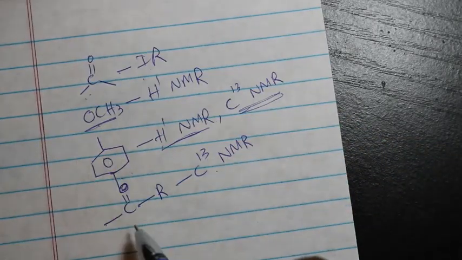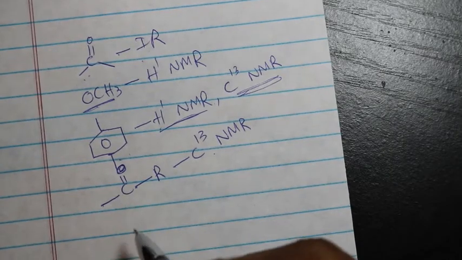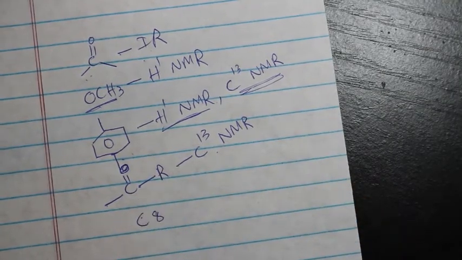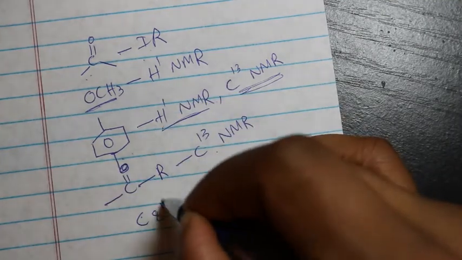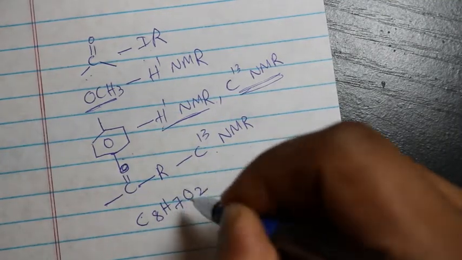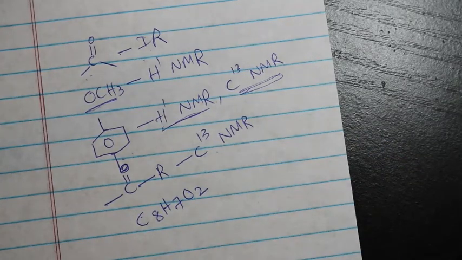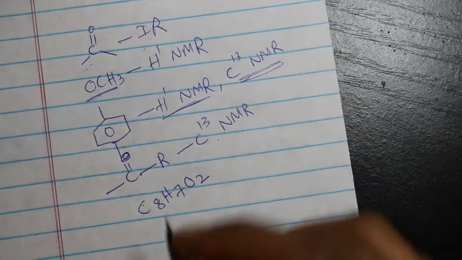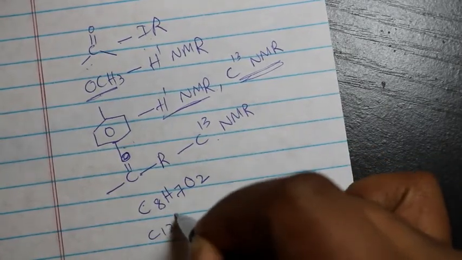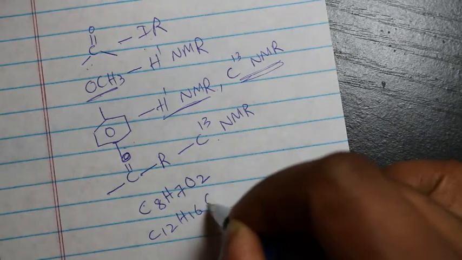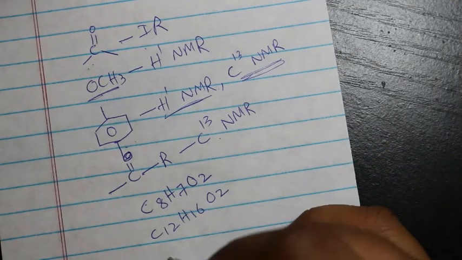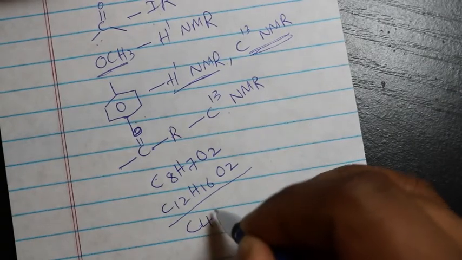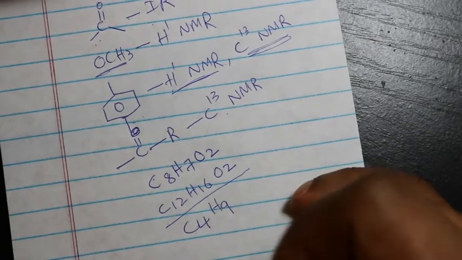So if we put all the information together, so far we solved the structure for C8H7O2. But the molecular formula is C12H16O2. So we have to assign structure for 4 more carbons and 9 hydrogens.